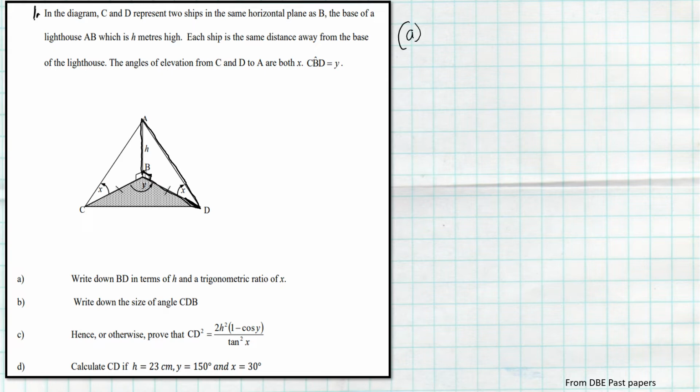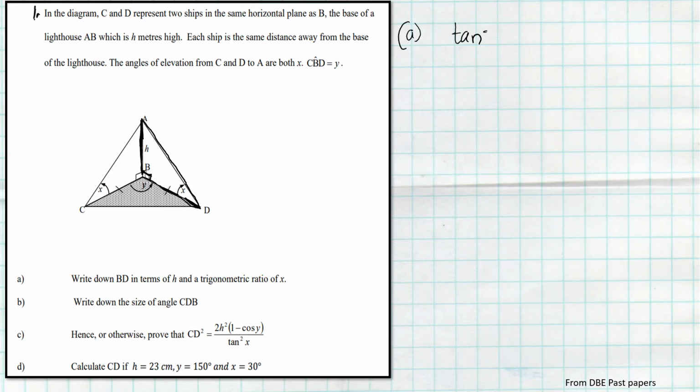So we know that we can use trig ratios in order to solve for BD, right? So we have to check what BD is. Our BD is our adjacent. And what is our H? Our H is the opposite. So what is opposite over adjacent? It is tan.